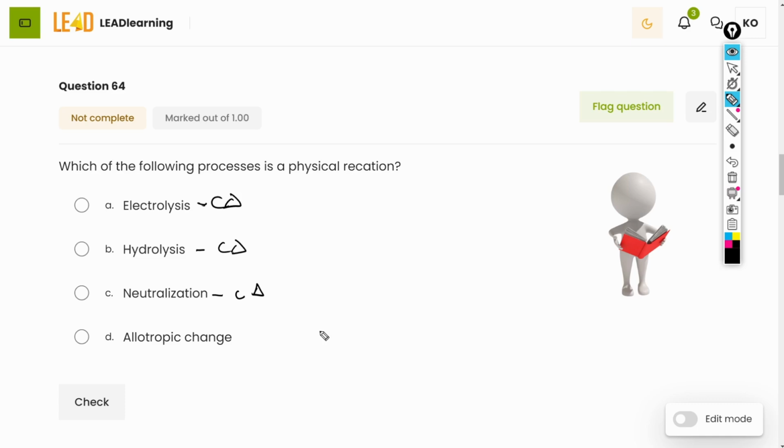For example, the Acheson process is the industrial process where we are able to manufacture artificial diamond using coke. So allotropic change is a physical change. So our correct answer is the option D.